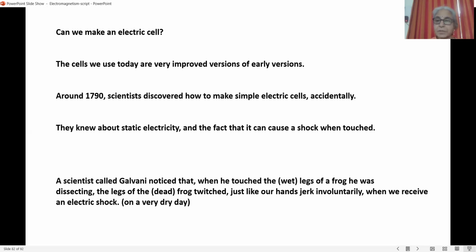They didn't have bulbs to check for the flow of electricity. This principle of the electric cell was discovered accidentally by a scientist called Galvani when he was dissecting a dead frog. We will come back to this dead frog story later on.